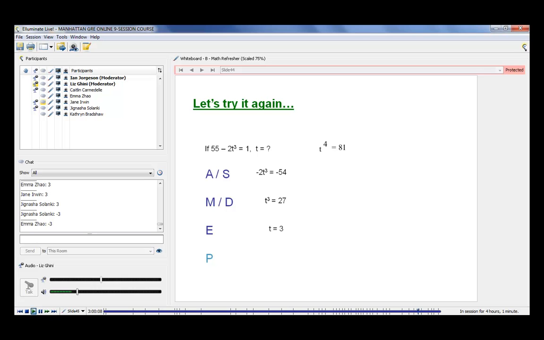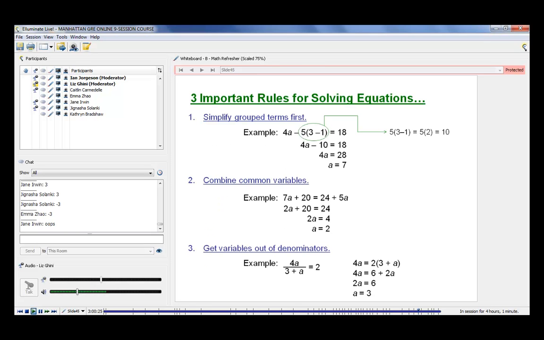You have to be careful. Exponents raised to even powers. That's why quadratics are so tricky, right? Two solutions. Be very, very careful of even exponents on the GRE. They're trying to make you forget about the negative possibility. So, basic rules. I know this stuff is very basic.